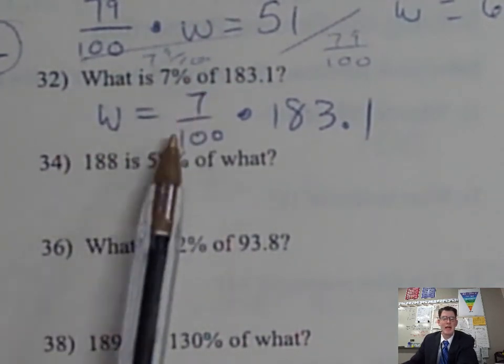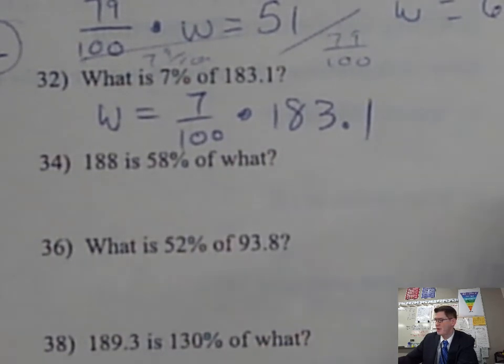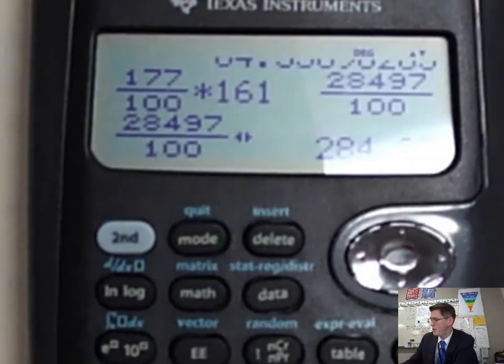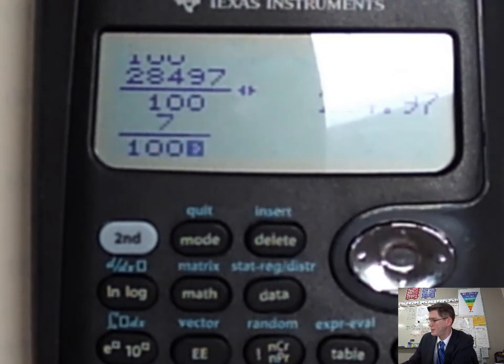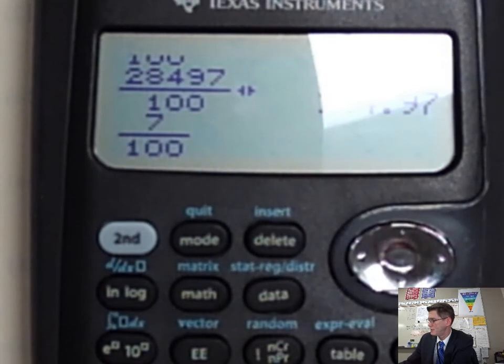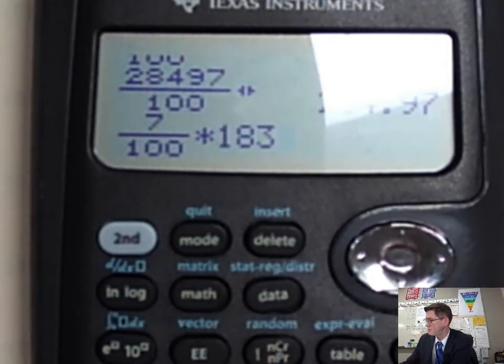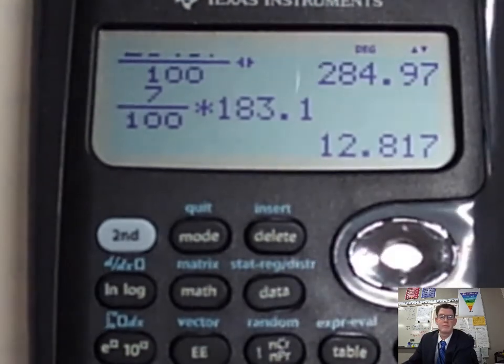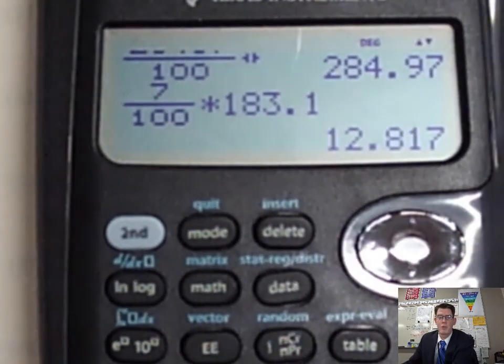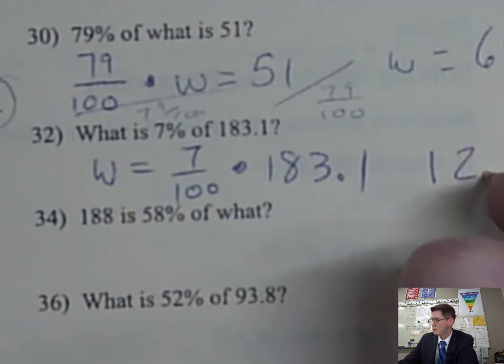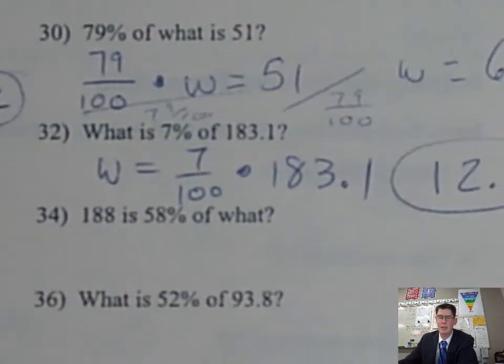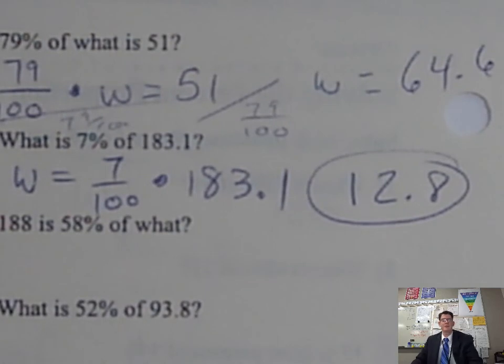So we just type in this amount into the calculator, and we end up with 7% times 183, 12.8 when it's rounded off. 12.8 is what W equals.